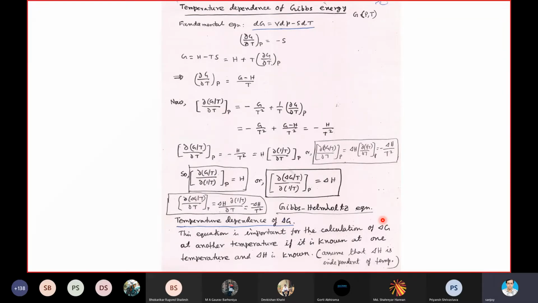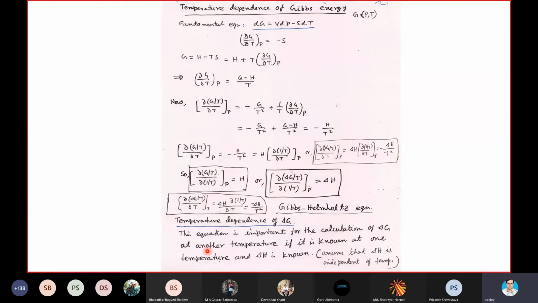Now this is important because it tells you that if you know the Gibbs energy change at a particular temperature for a process, then you can calculate the Gibbs energy change at another temperature without performing the experiment, provided that delta H is constant for those two temperatures. So it is important in calculating delta G at another temperature if it is known at one temperature.